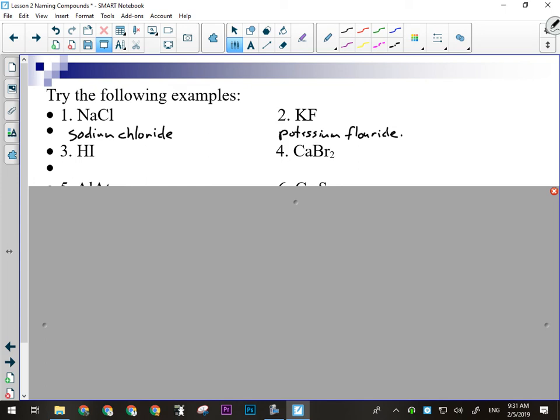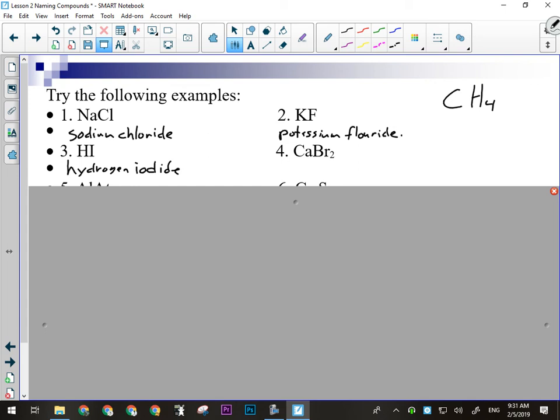If it's listed second, like in this compound, it's behaving as a non-metal. That's a molecular compound called methane. It's fart gas, that's the smelly stuff. So this one would be hydrogen iodide. Just change the ending to ide.